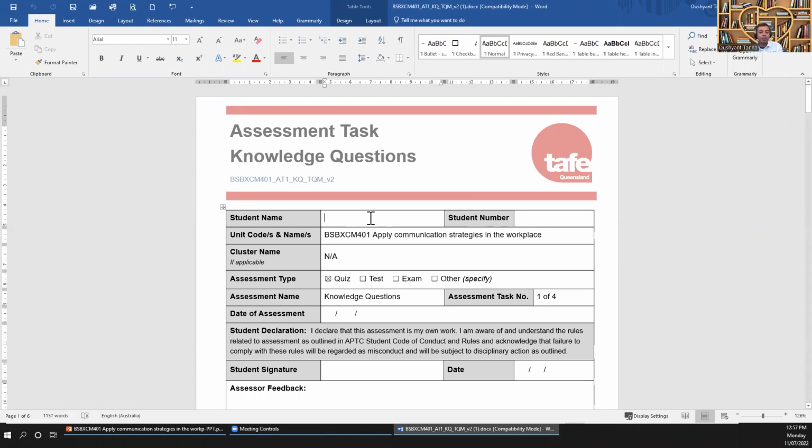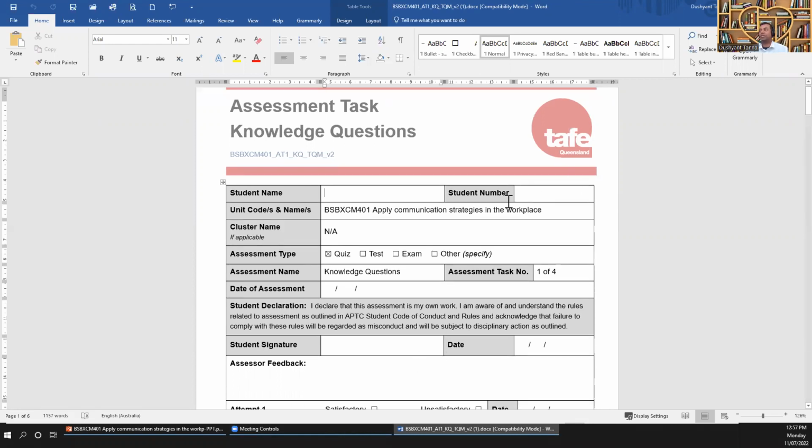Since we have now covered the PPT, I thought let us cover Task 1. The name of the unit is Apply Communication Strategy in a Workplace, BSBXCM401. Always, for any Task 1, 2, 3, or 4, I will need this cover sheet signed.